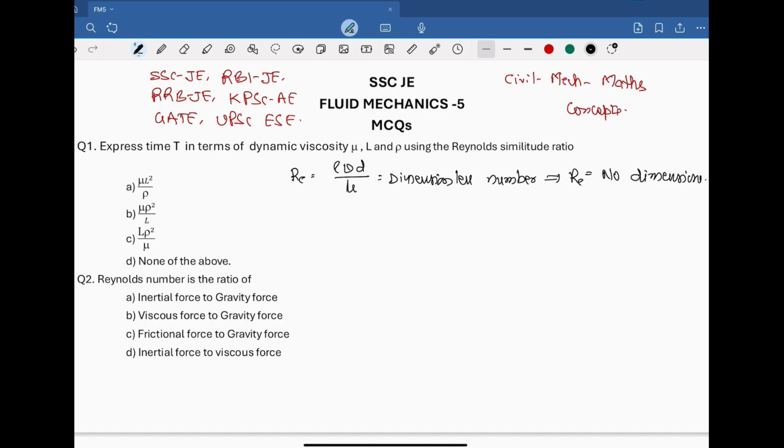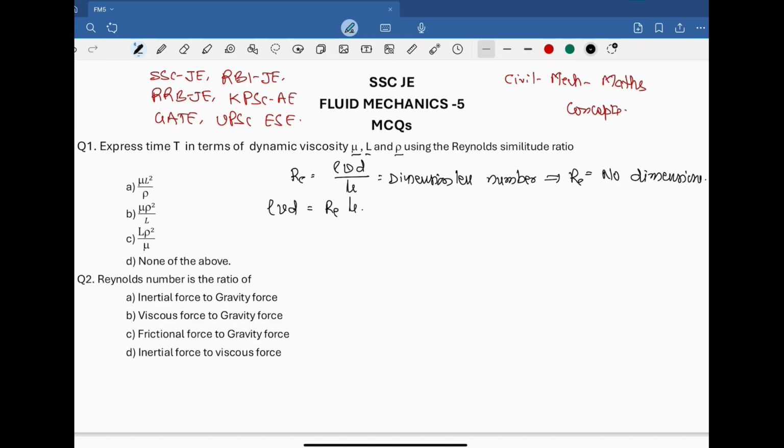From this, we can say rho V D is equal to some constant Re into mu. Can we write like this? Re is a non-dimensional number. Here we have to use mu, L and rho. We cannot use V and D.